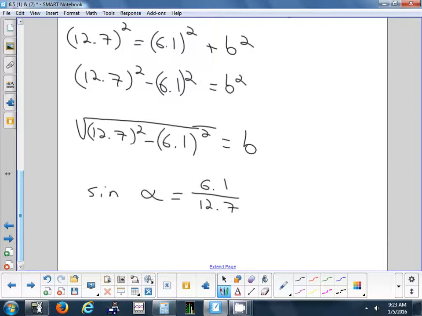Now what's different here is the variable is not in the fraction. The variable is inside the trig function. So anytime you have a variable inside a function, the only way to cancel it out and get the variable by itself is with another function.